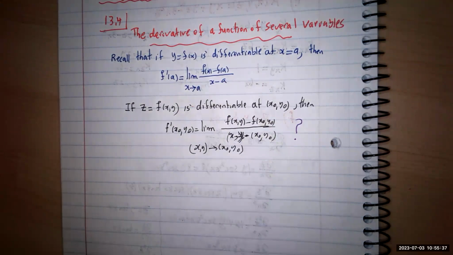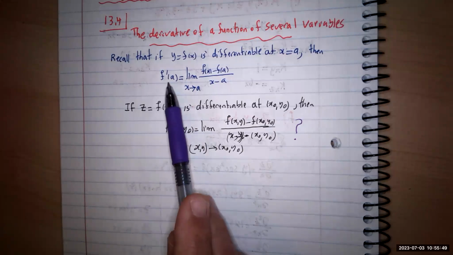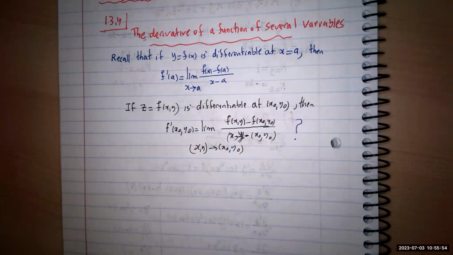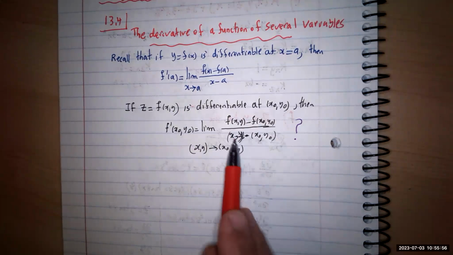In the history of calculus, they just found a different way to describe it. And one way that we can describe it is to look at this quotient, since the difficulty is this quotient that you have.